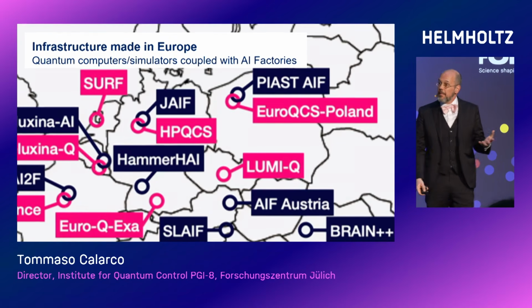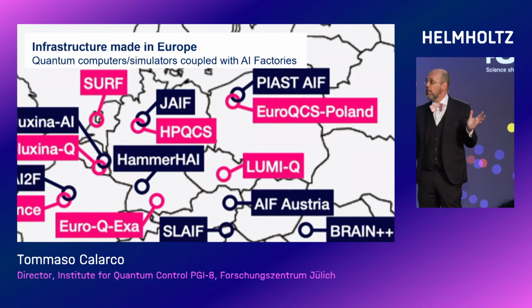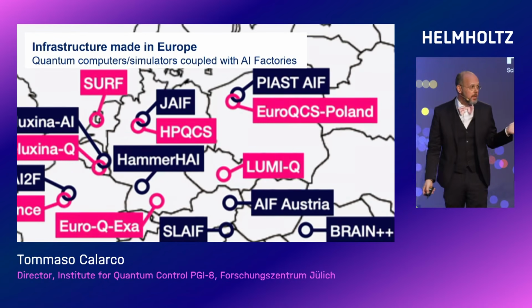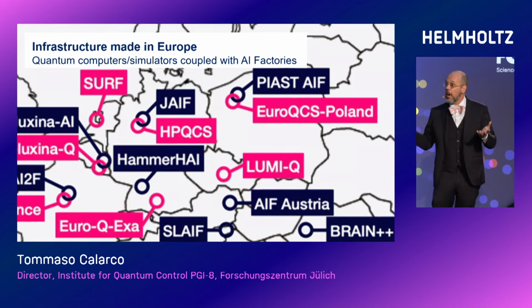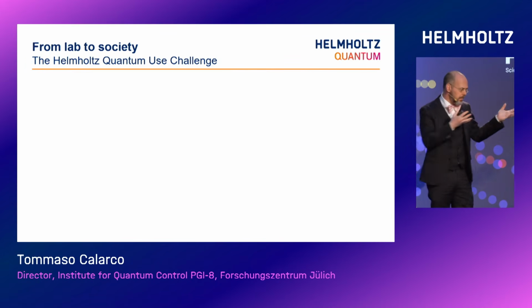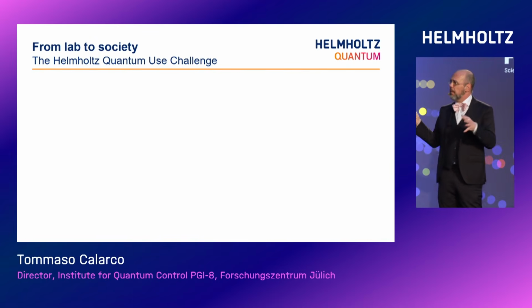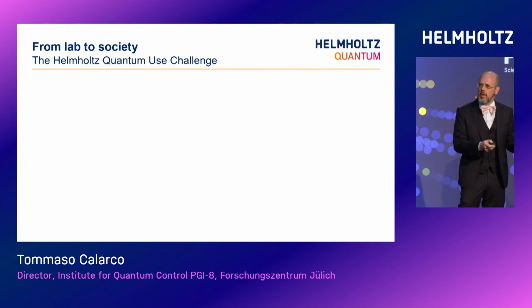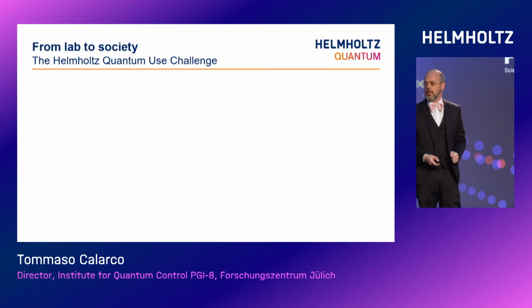This is something that we can do at Helmholtz, because at Helmholtz we have both technology makers and technology takers, and we have seen a couple of examples, so that's why we created this Quantum Use Challenge. This is about taking people out of their cozy box and making them talk to other people which can use this technology.